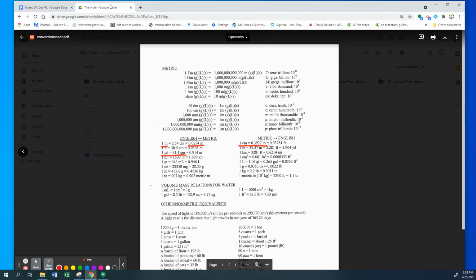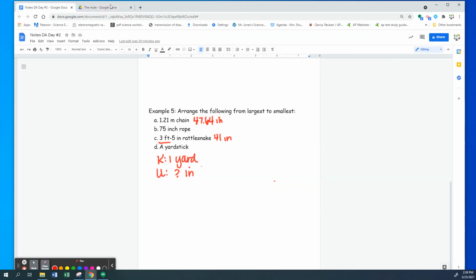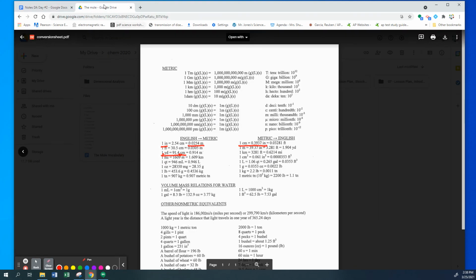Looking at my notes, remember we're going to go from yards to centimeters, from centimeters to inches. So 1 yard equals 91.4 centimeters. One centimeter equals 0.3937 inches.